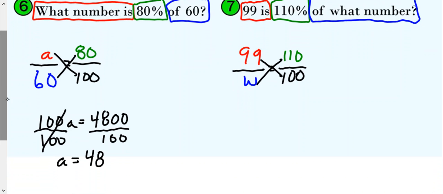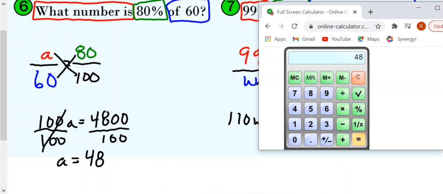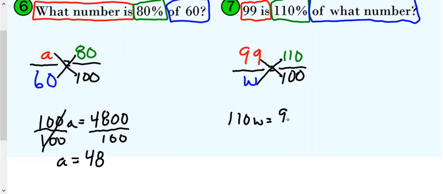W times 110 will be 110W. And then 99 times 100, 99 times 100 is 9,900. So 9,900.